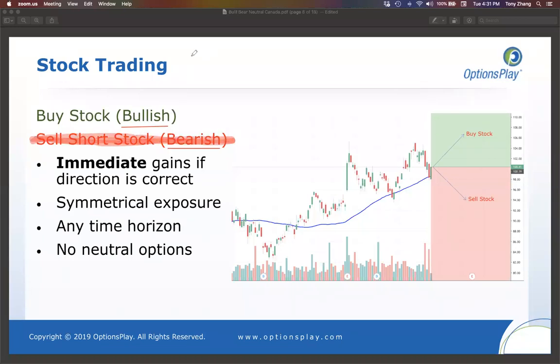So you might find yourself really only having one option of buying the stock, which basically means that you're only seeking opportunities on a stock where you think it's going to go higher.